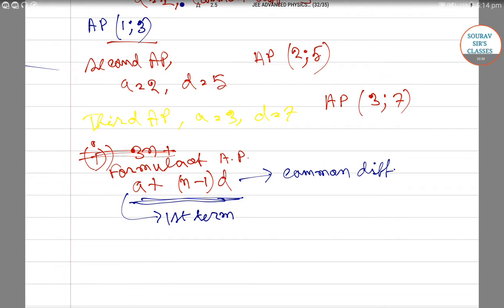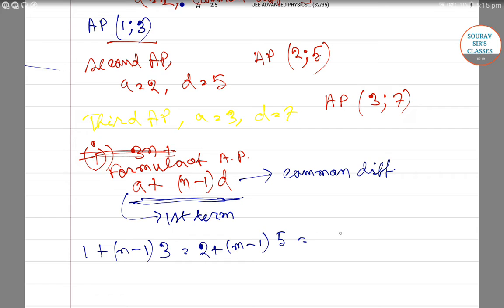So we can write, for all three APs, the first term and common difference: 1 plus (n minus 1) into 3 for the first AP. For the second AP, if the nth term is written as m, it is 2 plus (m minus 1) into 5. Here the difference D is 5.